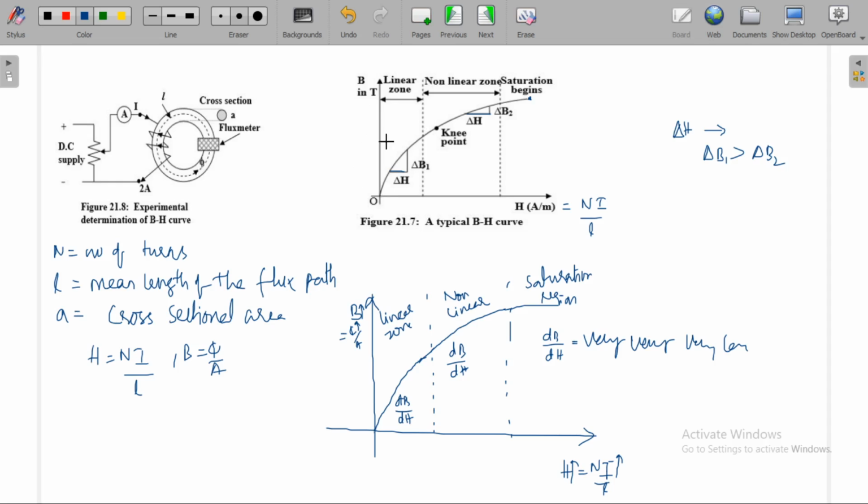Why is this happening? Why does it almost maintain a linear relationship, then after that a non-linear relationship, then after that the saturation region?